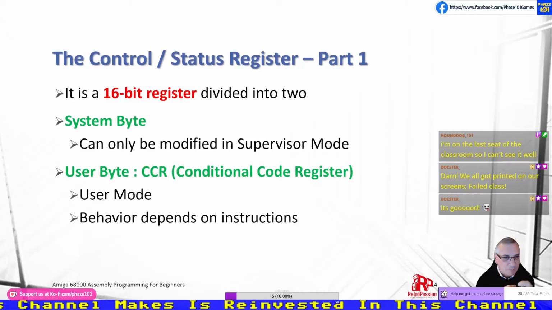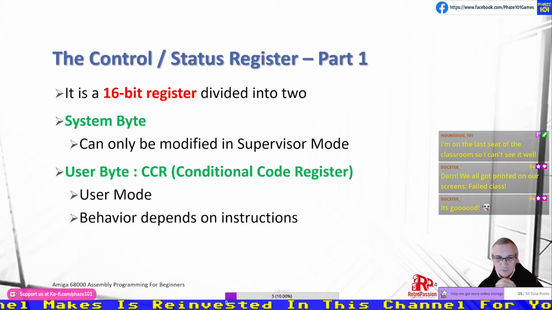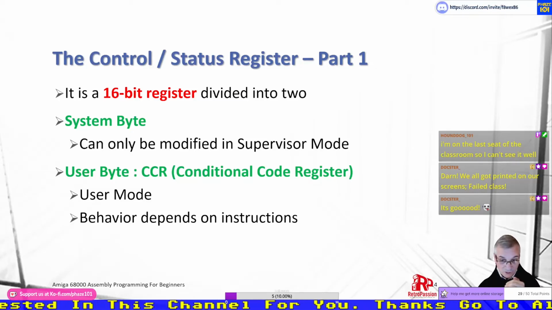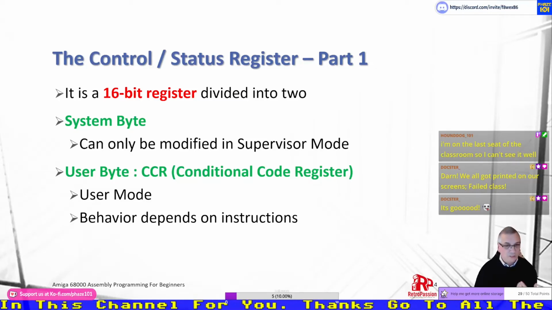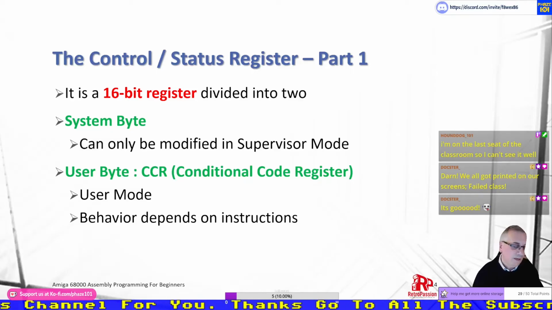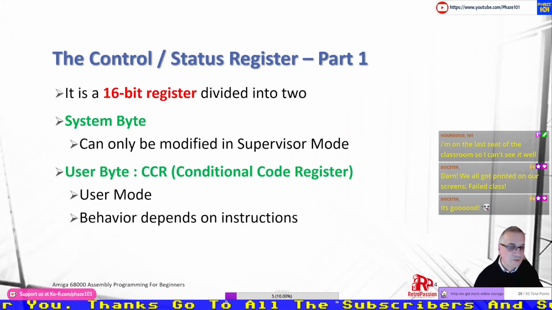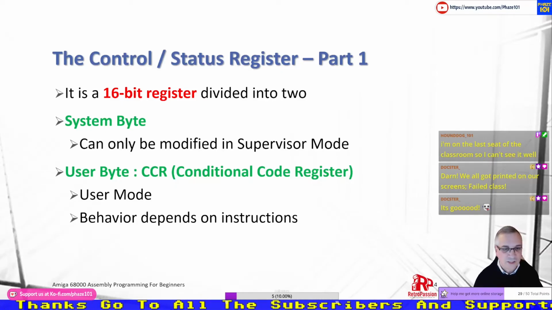So you have to put the CPU in supervisor mode. Or the user byte, which is called the conditional code register, which is always available. It's available even in supervisor mode, which is the user mode, and it behaves depending on the instructions. This is where the flags live, no?